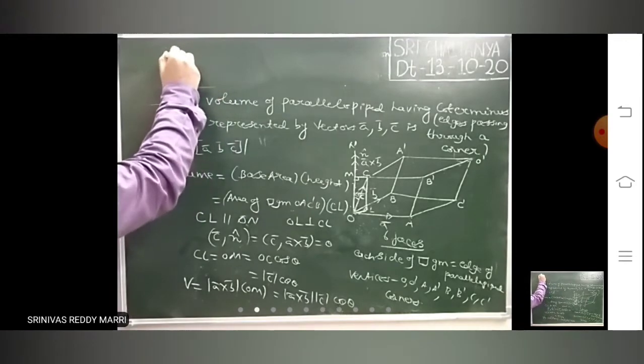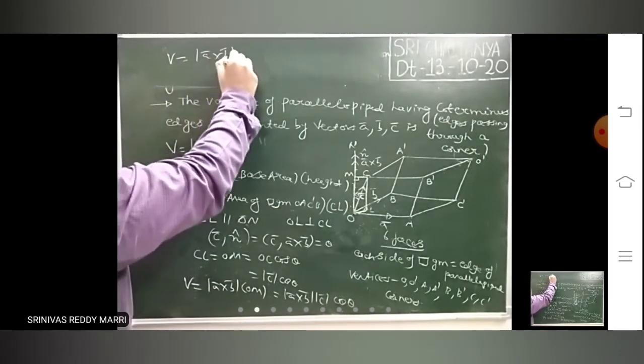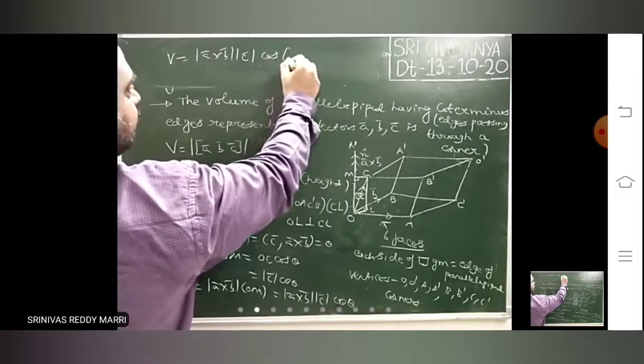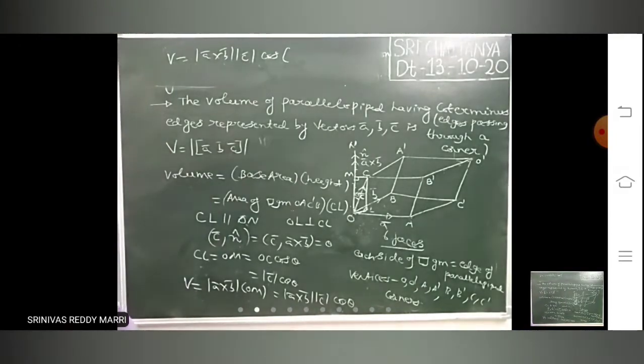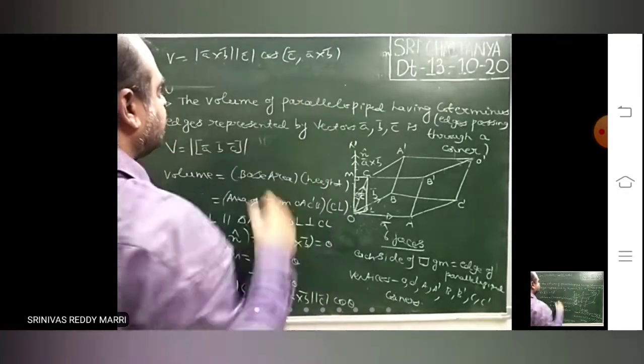That means this is nothing but modulus A bar cross B bar, modulus C bar, into cos of theta, where theta is the angle between C bar and A bar cross B bar.